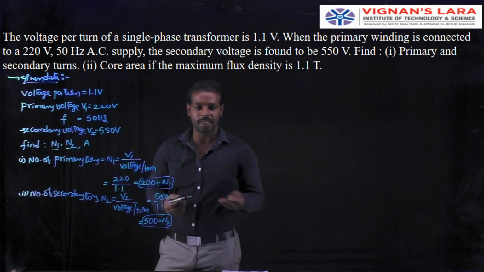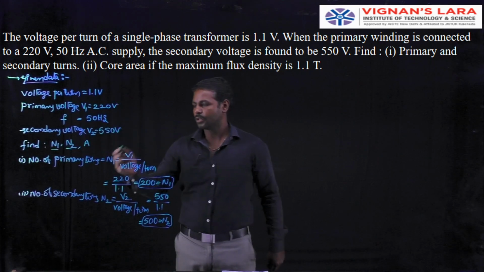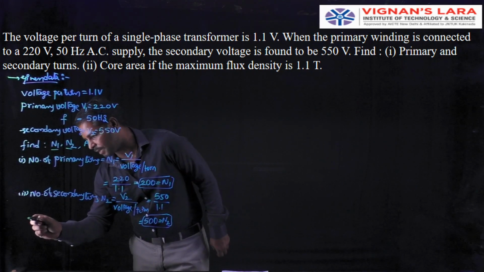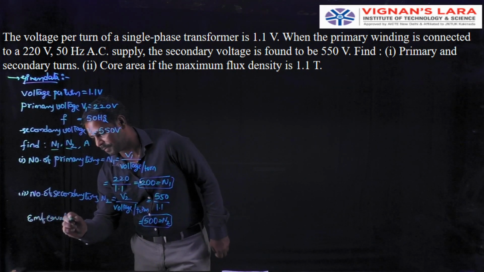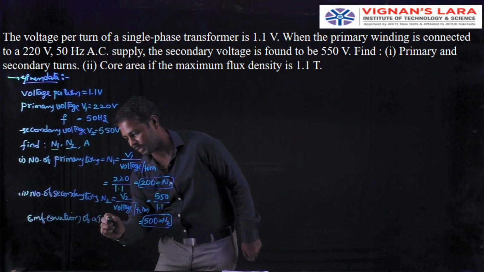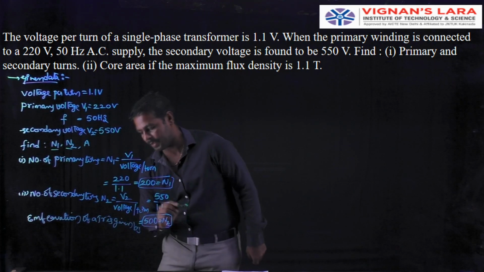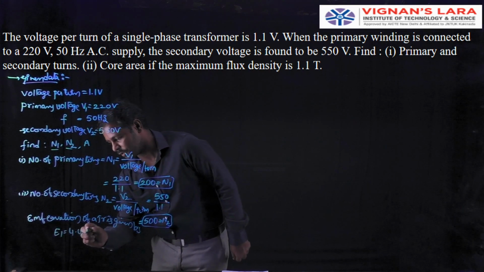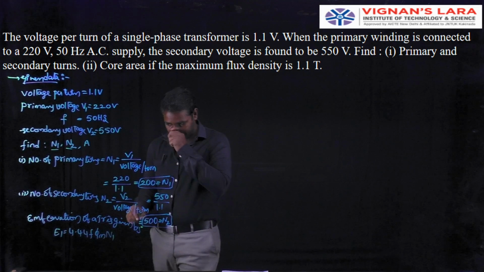If the maximum flux density is equal to 1.1, based on the given information we can calculate using the EMF equation of a transformer. The EMF equation is given by E1 is equal to 4.44 into F into phi m into N1.